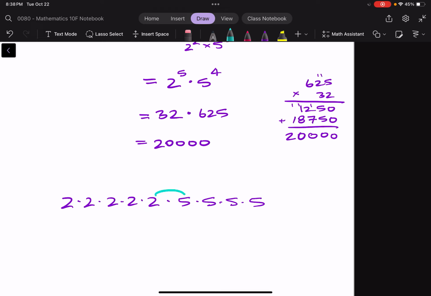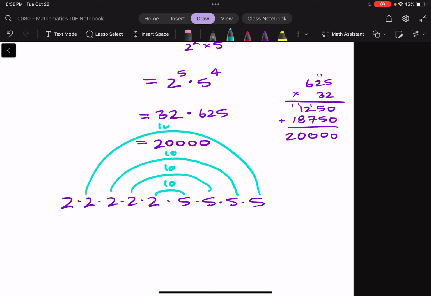So this 2 times 5 gives us a 10. This 2 times 5 gives us a 10. This 2 times 5 gives us a 10. And this 2 times 5 also gives us a 10. And we still have that 1, 2 kicking around. So really, we've got 2 times these 4 10s.